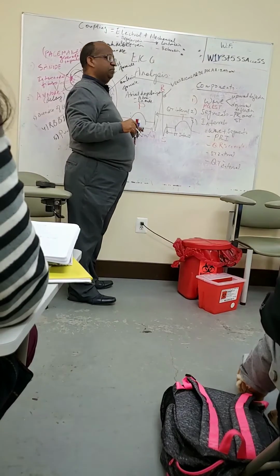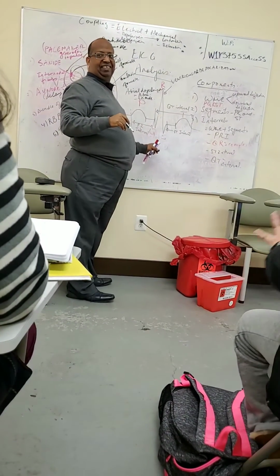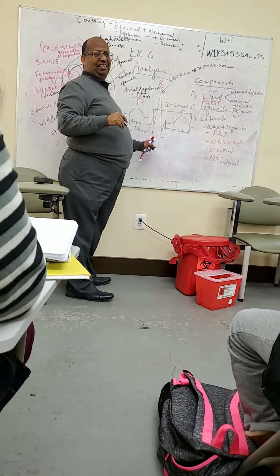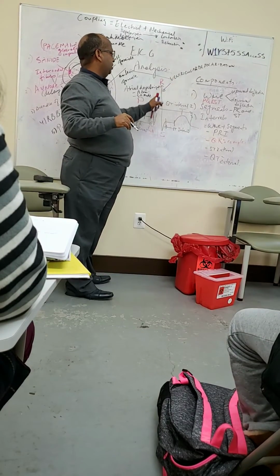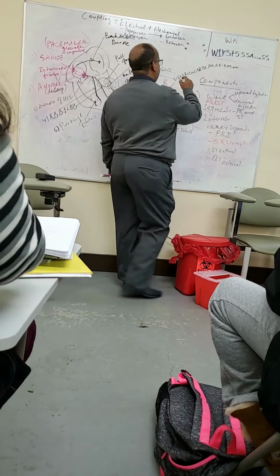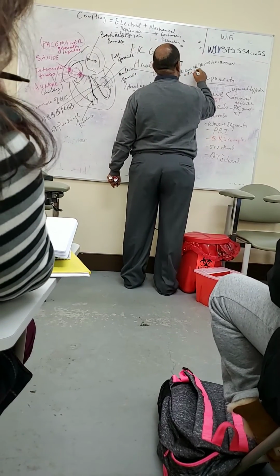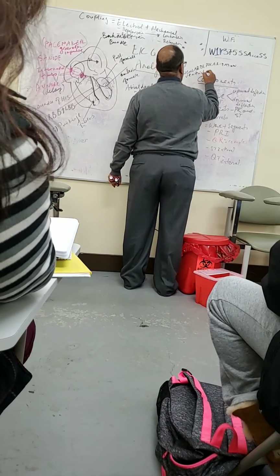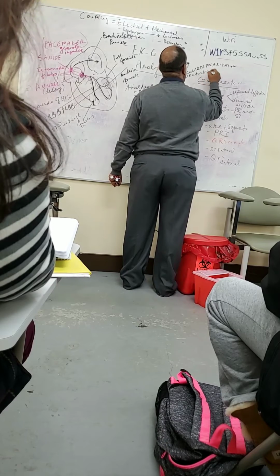It doesn't deal with P wave, with atria. You got it? So ventricular depolarization is QRS. What does it mean? It means the ventricles contract. Ventricular contraction.